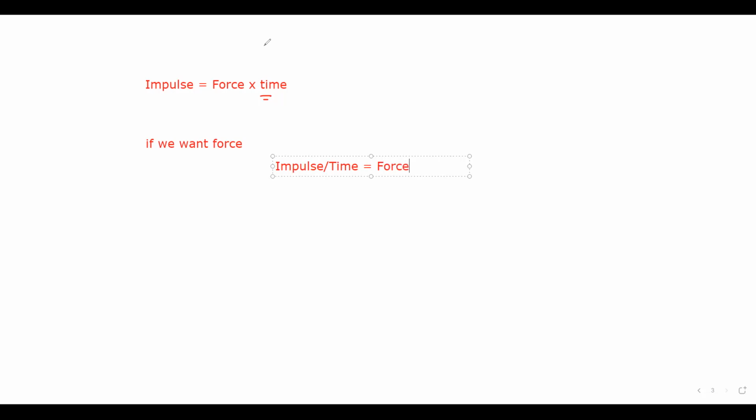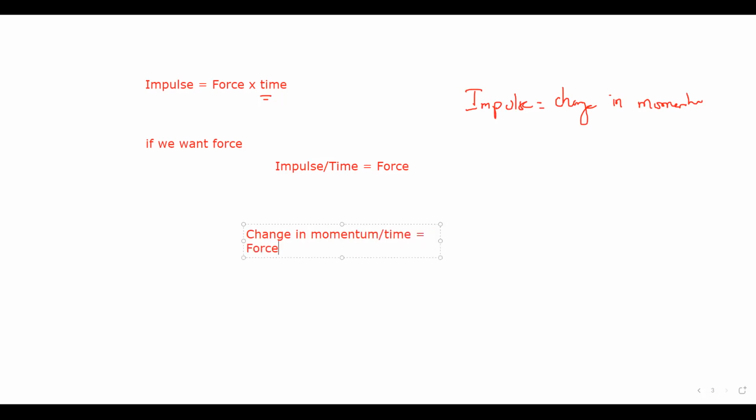And what is the meaning of impulse? The literal meaning of impulse is the change in momentum. So instead of impulse, we can also write change in momentum. So we can say change in momentum divided by time can be equal to the applied force.